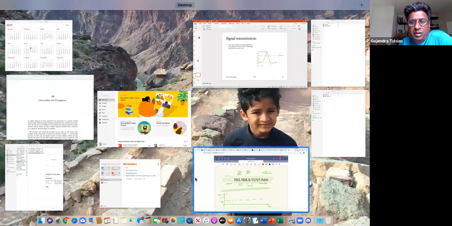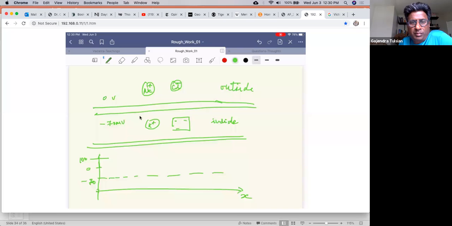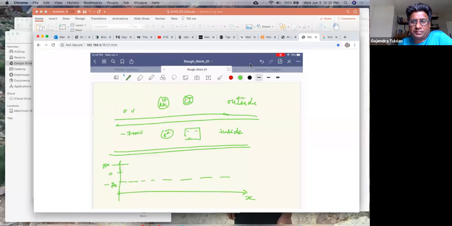The charges are moving back and forth like that, and the nerve impulse is traveling in that direction. So charges are moving perpendicular to the direction of travel of the nerve impulse, unlike in a wire where the current flow and the charge flow are in the same direction.